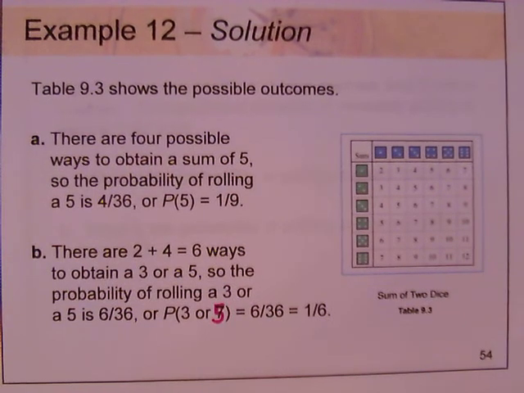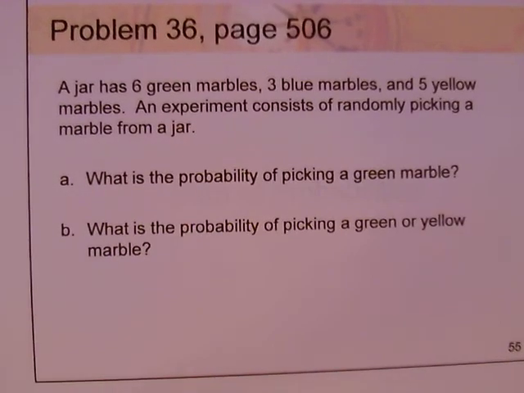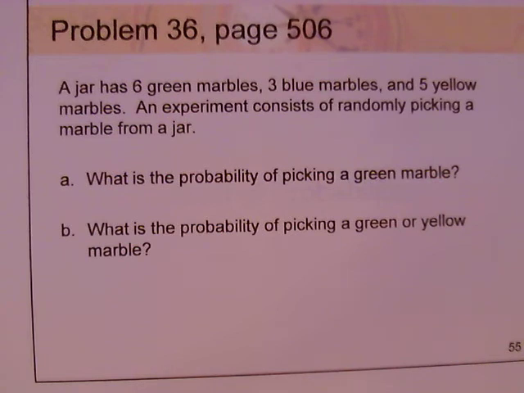Okay, take a look at problem number 36. Now, in this case, a jar has 6 green marbles, 3 blue marbles, and 5 yellow marbles. An experiment consists of randomly picking a marble from a jar. So in part A, what is the probability of picking a green marble?